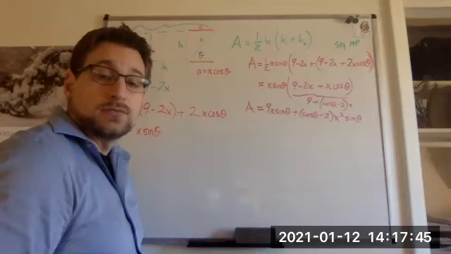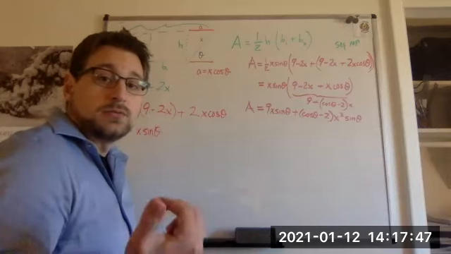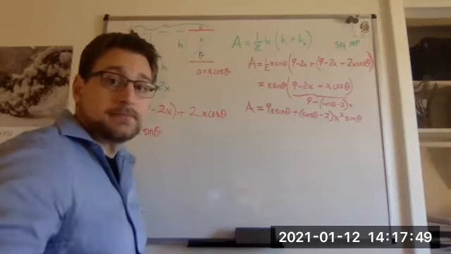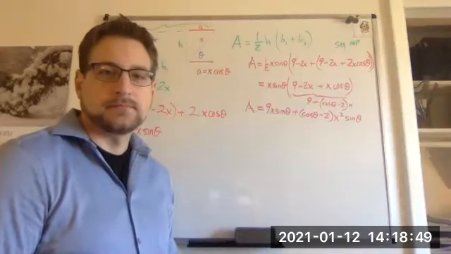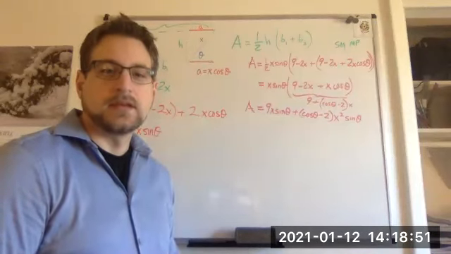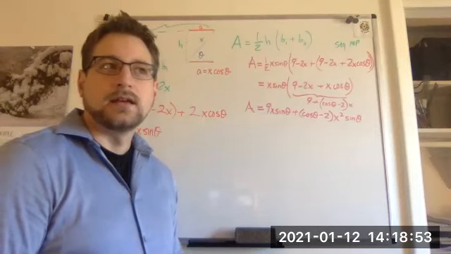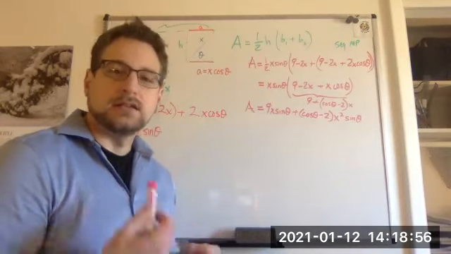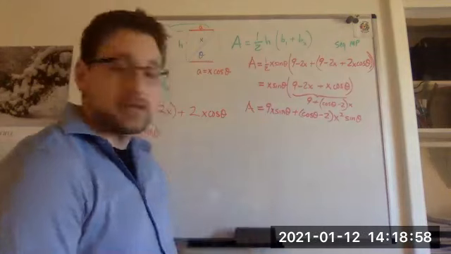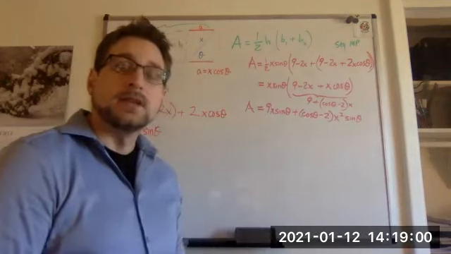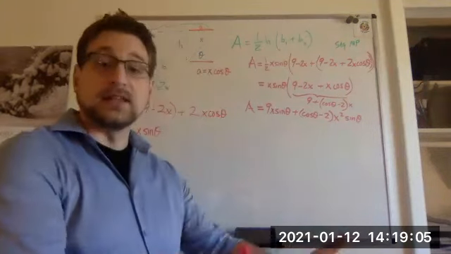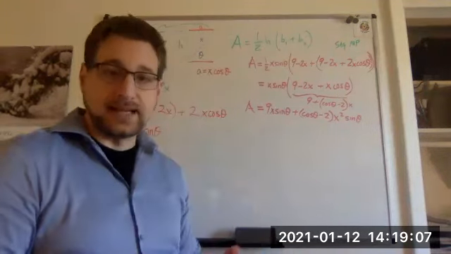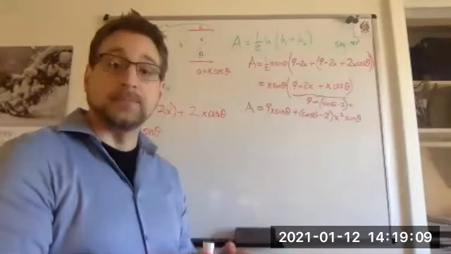So now we need to involve the partial derivatives. In order to be a maximum cross-sectional area, it has to be a maximum with respect to theta and with respect to x at the same time.